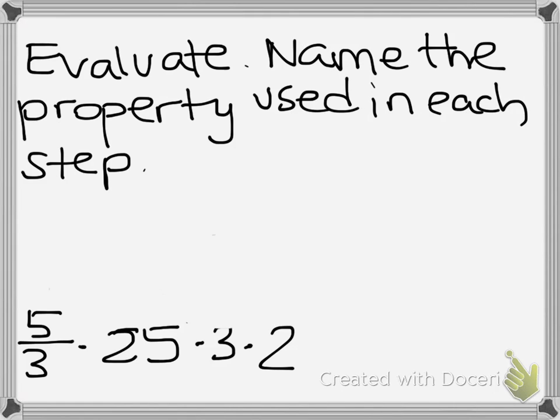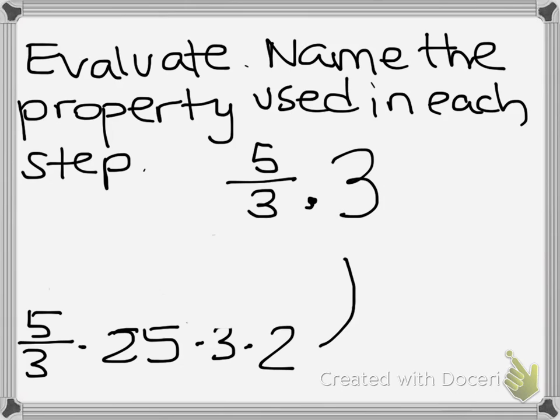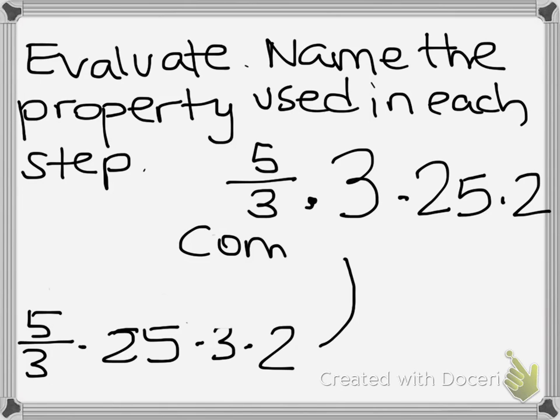So if I wanted to switch the order, I would need to do 5/3 times 3 times 25 times 2. And if I switch the order, that means I use the commutative property. So I would list that.